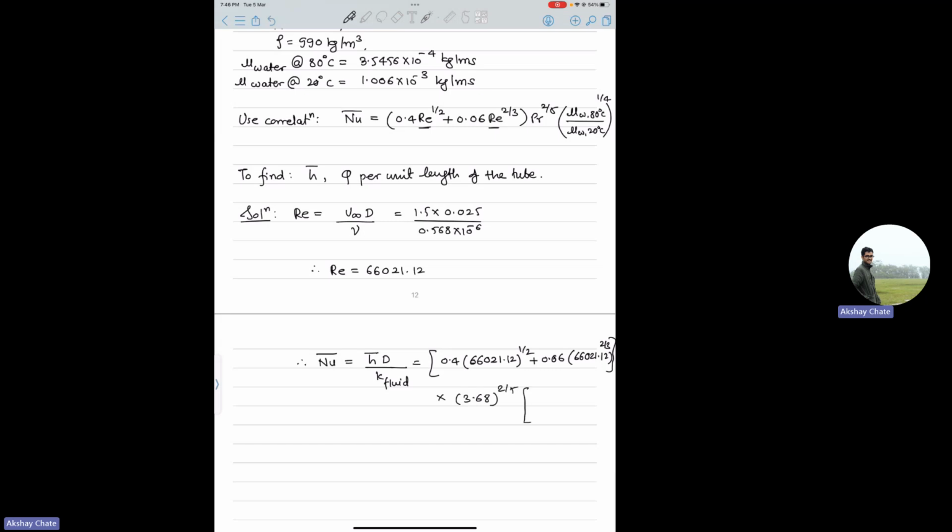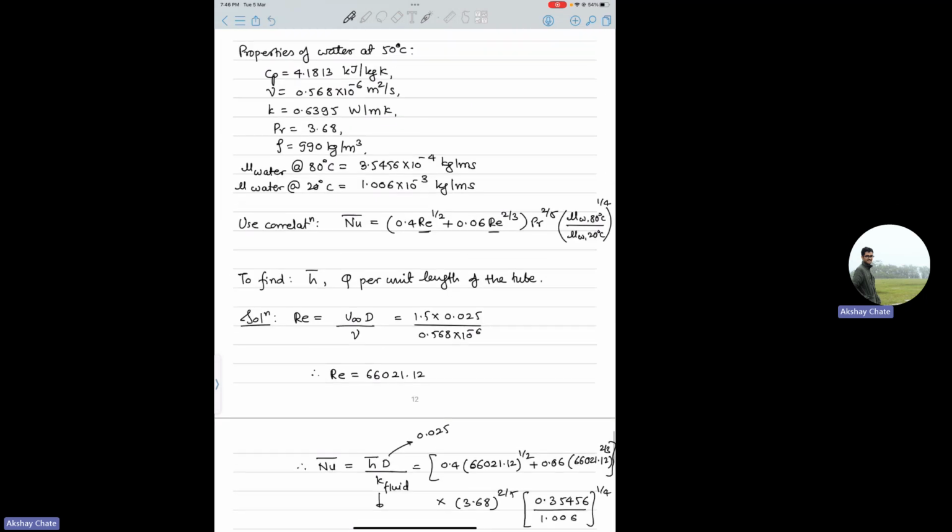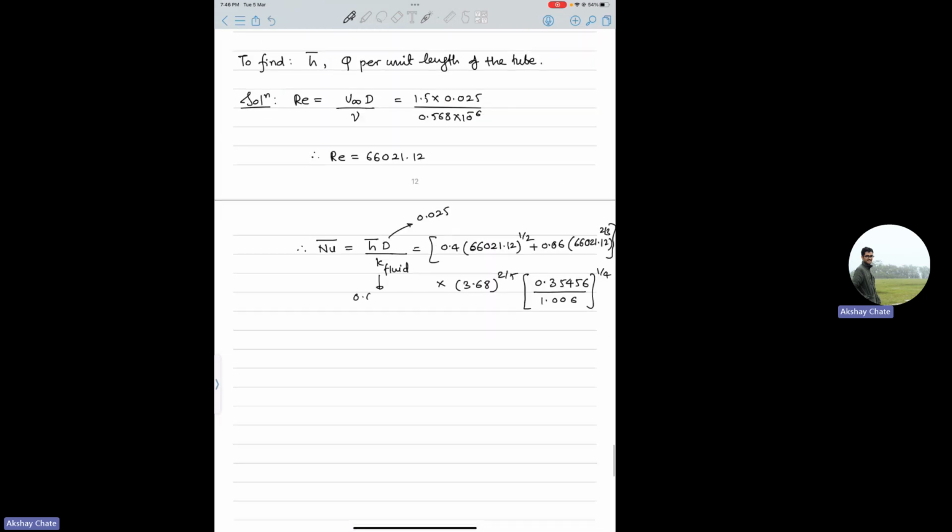And these values I can just write: 0.35456 divided by 1.006, that into 10 to the power minus 3 will get cancelled, right? And it will be raised to 1 by 4. This diameter is 0.025, and K of fluid is also known, which is 0.6395 watt per meter Kelvin.